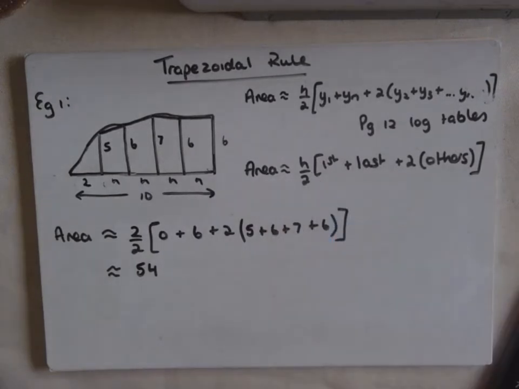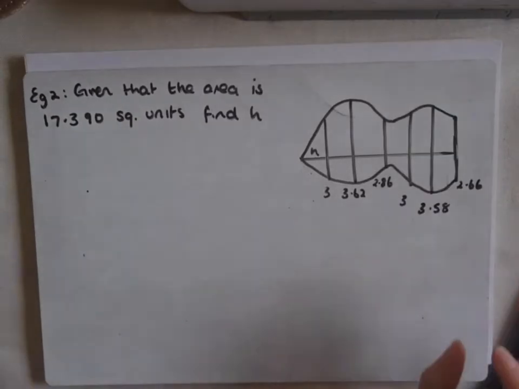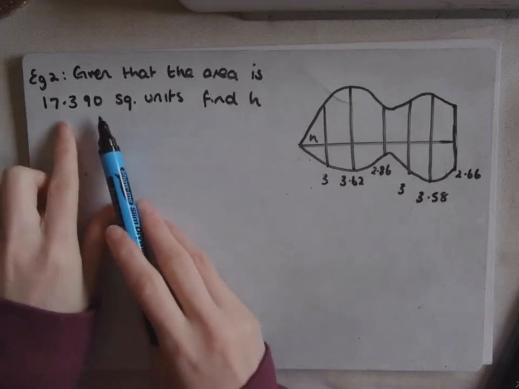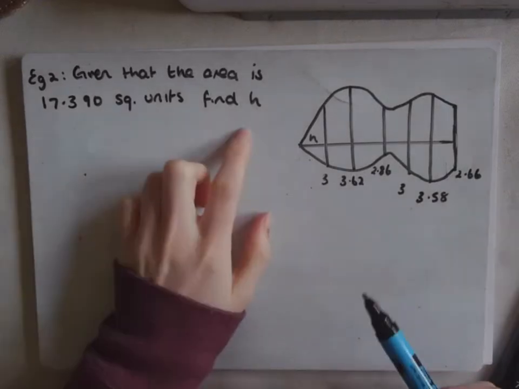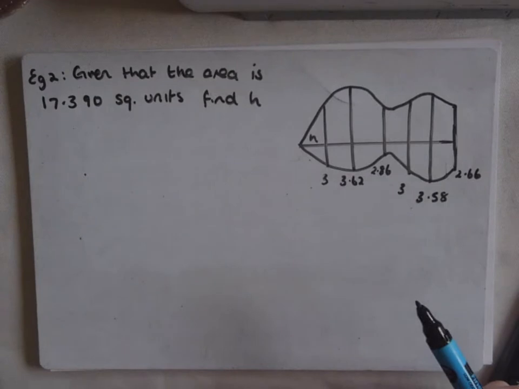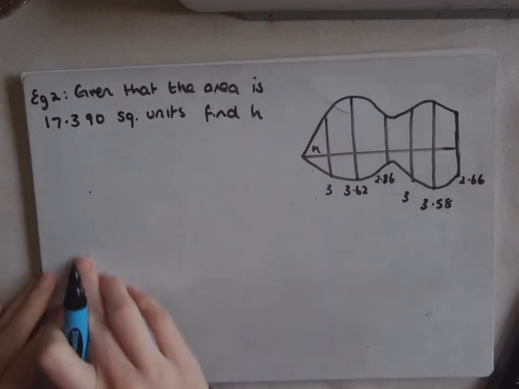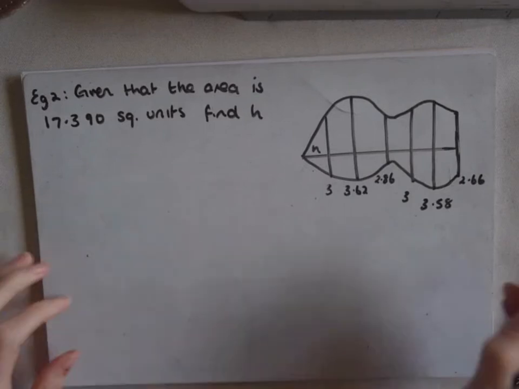Now, here's another example. Given that the area of this shape is 17.390 square units, find h. It's the exact same thing again, except this time they've given us the answer. So I know that my formula is going to equal this.